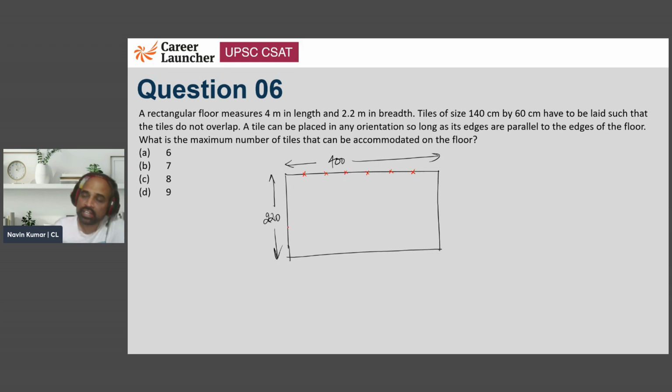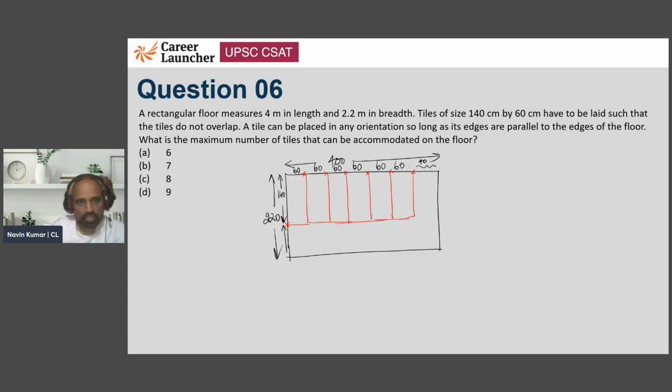And out of 220, we can have a total of 140, which is more than half. So this is one brick. This is the second one. So we will have 6 such bricks that we can lay down, right? Now, when this is done, this is going to be 140, while each one of them is 60 long. So that is going to be 360. So only 40 left.